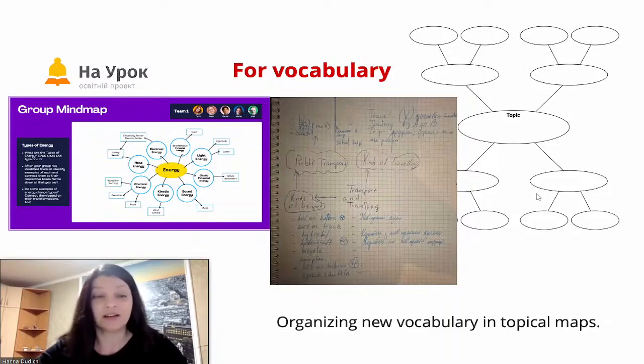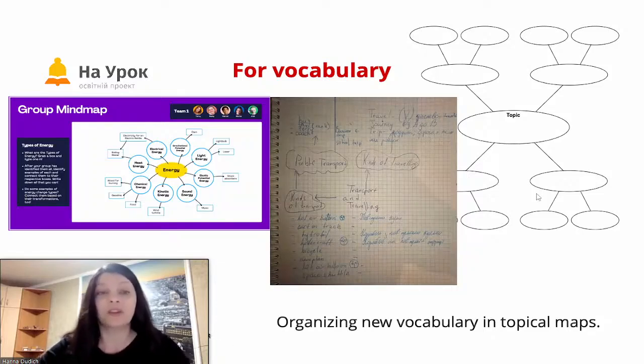I would rather advise you and your students to use graphic organizers for teaching new vocabulary, where the words will be organized according to the topic you are learning. Because when you are asked to learn the words about one topic, then you can see this structure.